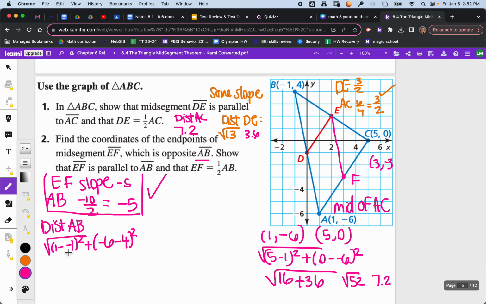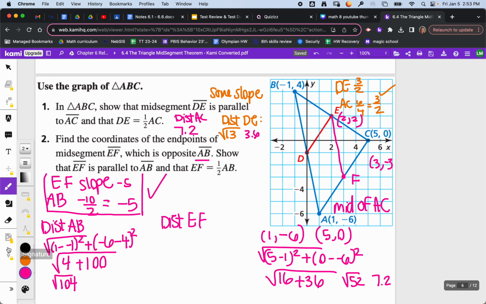That's going to be 1 minus negative 1 is 2, 2 squared is 4. And then negative 6 minus 4 is negative 10. Negative 10 squared is 100. And 4 plus 100 is 104. And then for the distance of EF, again, E is at (2, 2), and F is at (3, -3).